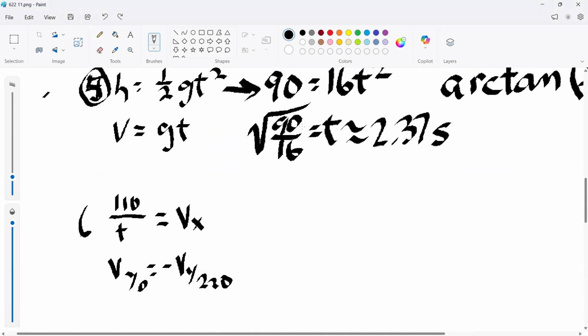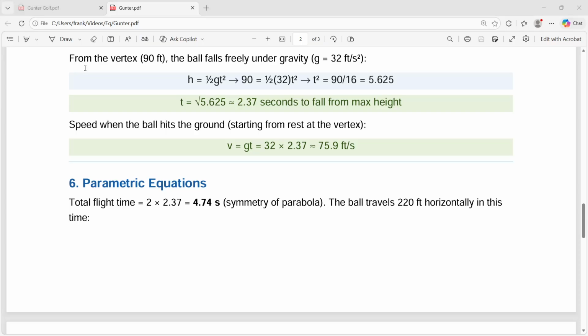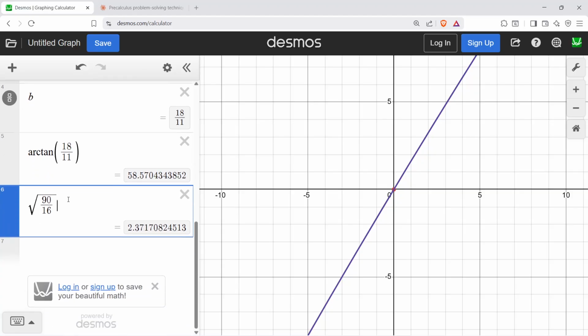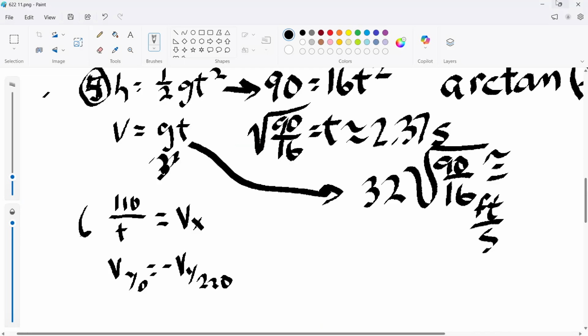All right, so the force of gravity, which is 32, times the square root of 90 over 16 to have it exact, is approximately 75.9 feet per second.